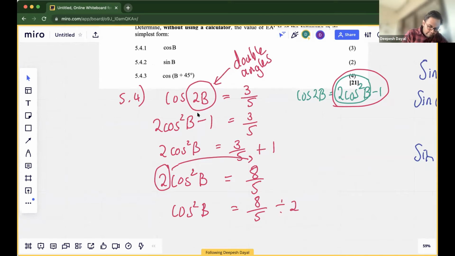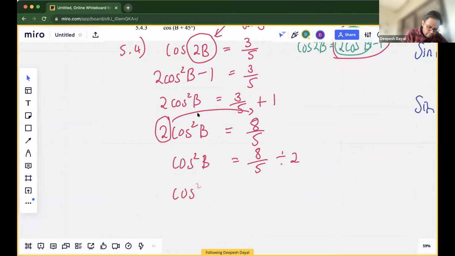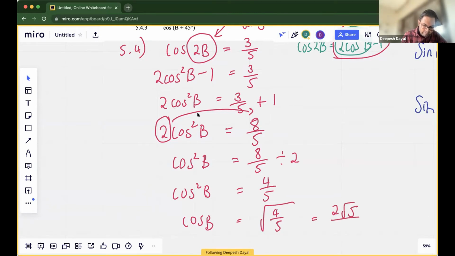And cos squared b will then be 8 over 5 divided by 2, which is, I believe, 4 over 5. And then to find cos b, we're going to say square root of 4 over 5, which is then 2 square root 5 over 5. And that is the answer.